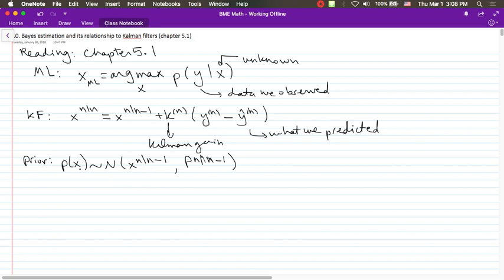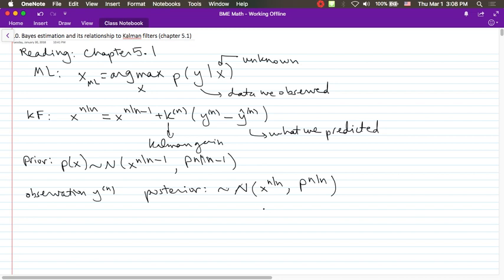So our prior had this mean, x of n given n minus 1, and this variance. After we made our observation, y of n, we had something we called a posterior, which had a normal distribution with a mean x of n given n and a variance P of n given n.